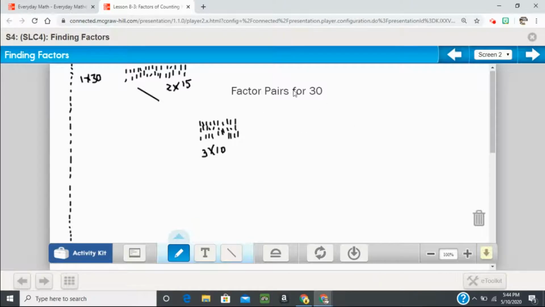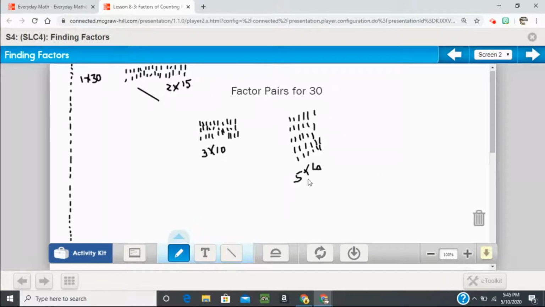But 5, because it has an ending in 0, multiples of 5 end in either a 5 or a 0. I know that 5 can fit here. And it would be 5 groups of 6. Okay, so then we look at the next one.